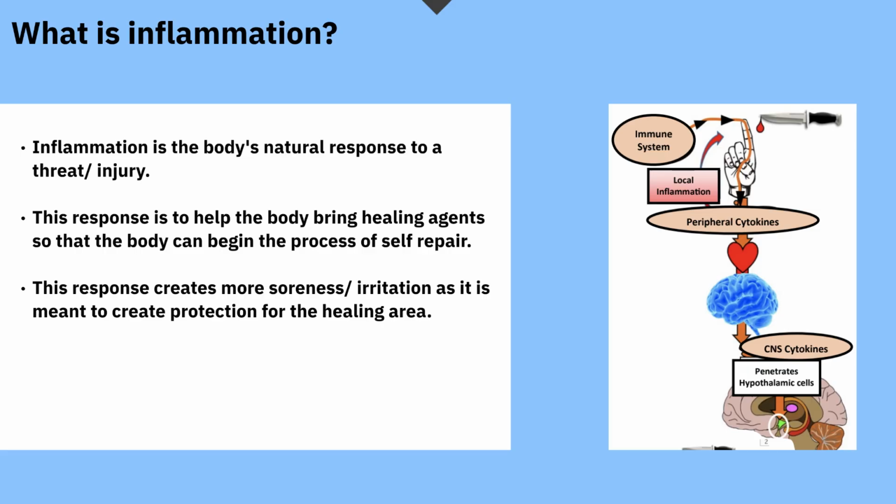We tend to overlook that this is a natural response. So when you're injured or something comes on suddenly, it's very normal for the body to respond in kind by stimulating the immune system, bringing on local inflammation, sending cells and other markers to the area of injury so that the body can begin the self-repair process.